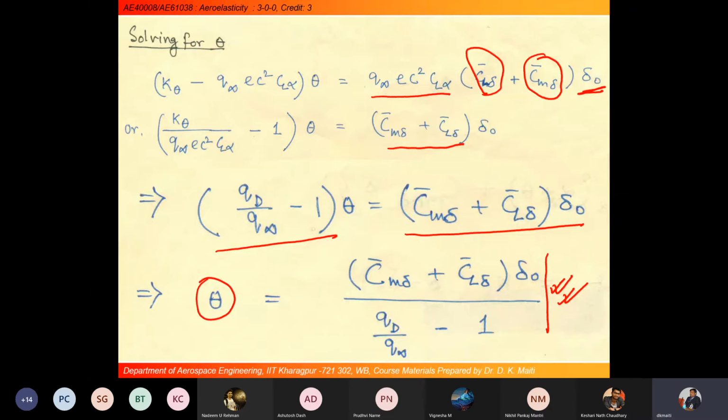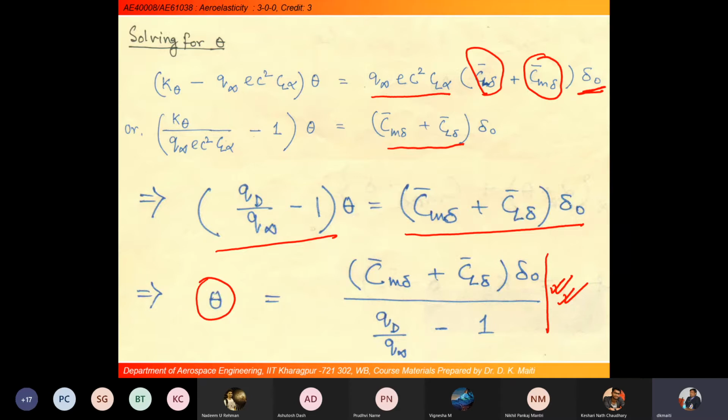Simplifying this equation, dividing the whole equation by q infinity e c square Cl alpha, we get the first equation defined as k theta by q infinity e c square Cl alpha minus 1, into theta. The right hand side is Cm delta bar plus Cl delta bar into delta naught.